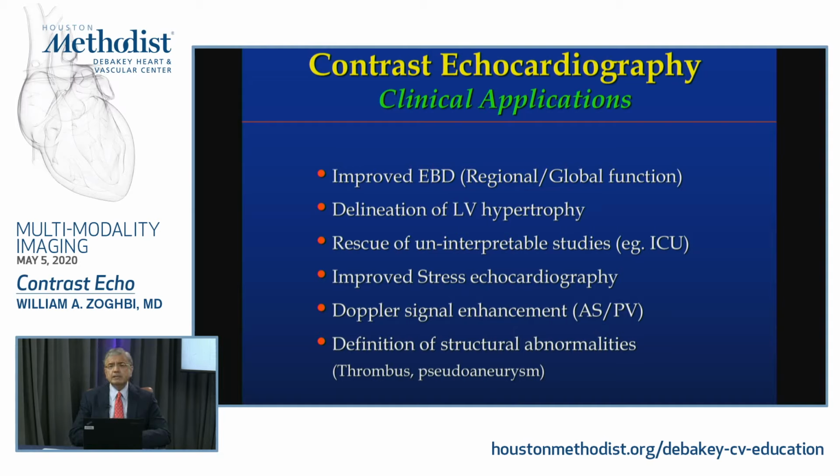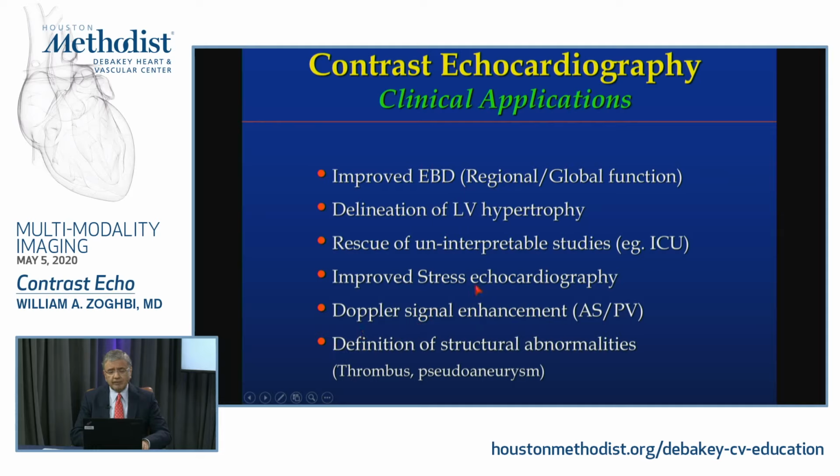And this is a list, basically. So if you go back, we're enhancing the signal, right? Improving visualization of the ventricles. So that's number one, improvement of assessment of regional and global function. With that comes delineation of hypertrophy. With that comes rescue of uninterpretable studies.